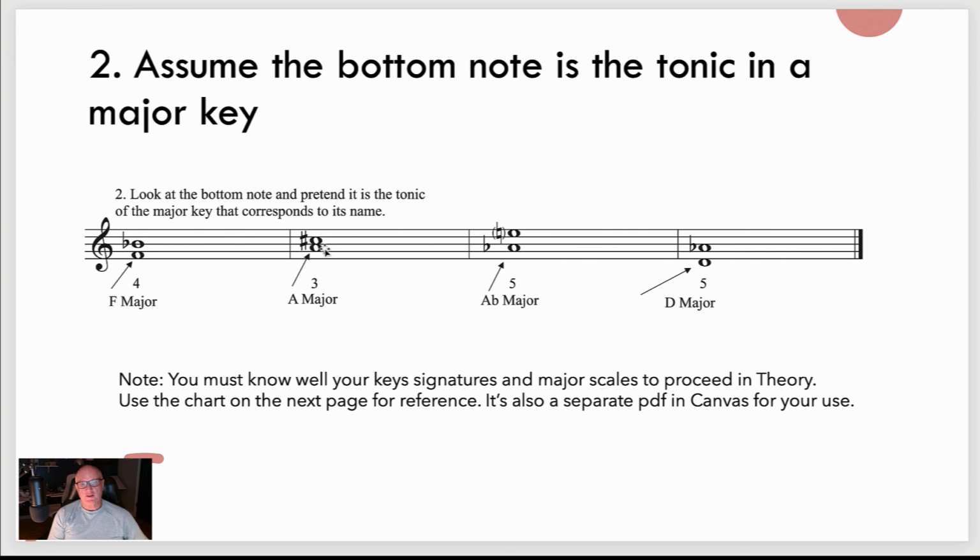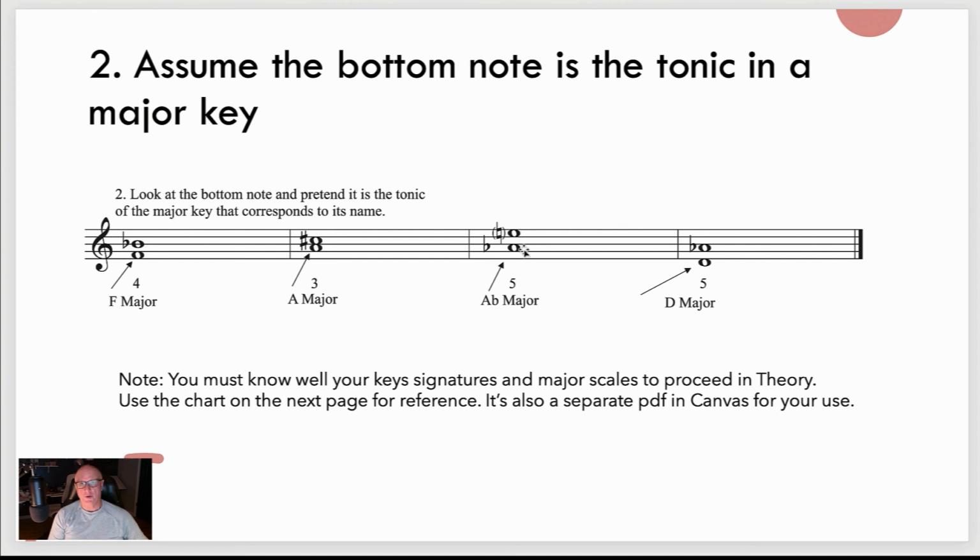So here with the A to the C sharp, I ask myself, I'm pretending I'm in the key of A, the bottom note. Is that C sharp diatonic to A? You have to know these answers. Now I've looked here at A flat. Is E natural diatonic to A flat?